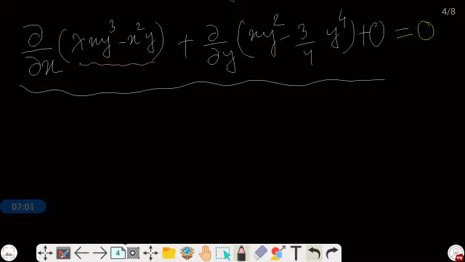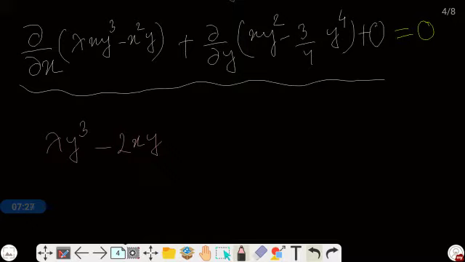The first term gives λy³, minus, for the second term, 2xy.